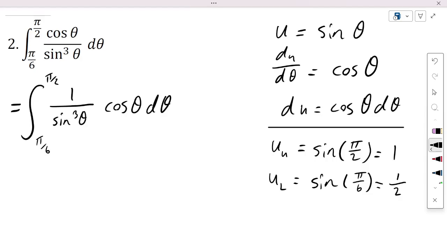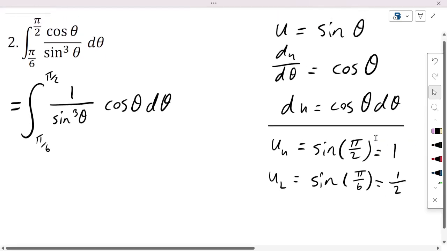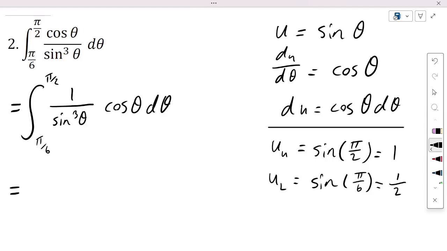Anyway, now we can substitute everything in. Let me not make the same mistake that I made the last time where I substituted the wrong values in. What we note is that there is no coefficient of the du, so we don't need to put anything at the beginning of the integral. We can just say it's the integral of the upper limit, which is 1, and the lower limit, which is 1 over 2.